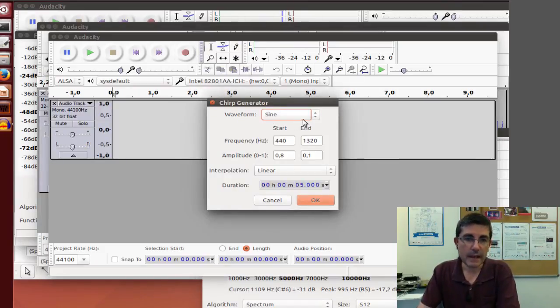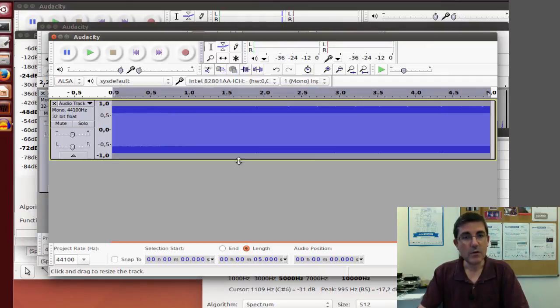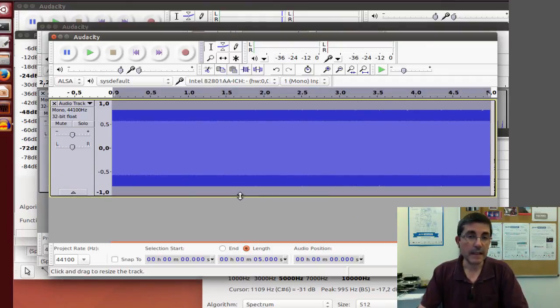So let's have a sine wave being a chirp, and let's go from the two frequencies we have mentioned. From 500, let's go up to 5,000 Hertz, with the amplitude at 0.8 all the time, and let's have it last 5 seconds. So now we have kind of a glissando, a chirp, and of course we can play it again.